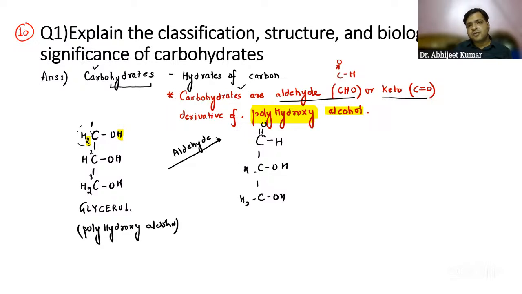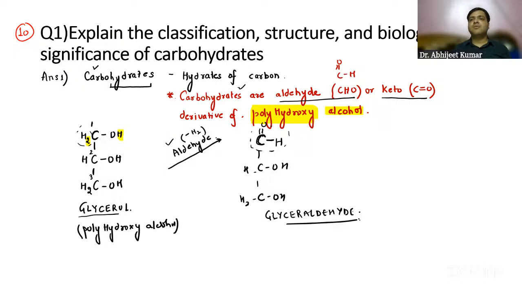Obviously, for the carbon to have 4 bonds, it will bond with oxygen with a double bond. So that is an aldehyde group. And to make an aldehyde group, we are removing hydrogen from the first carbon, right? That is the structure which is called glyceraldehyde. It is formed from glycerol, and we are adding the aldehyde group over here.